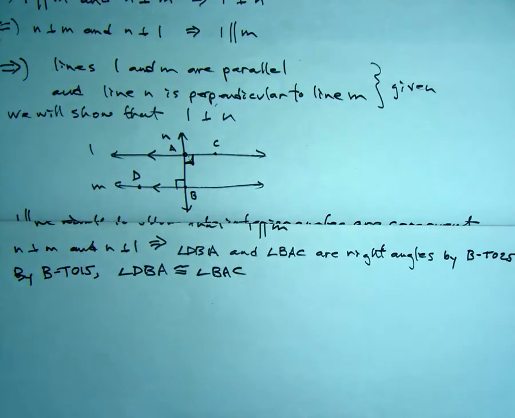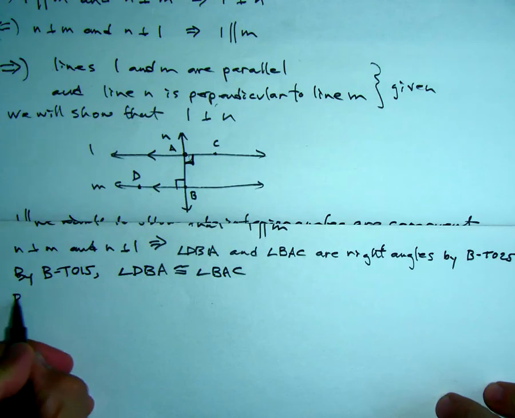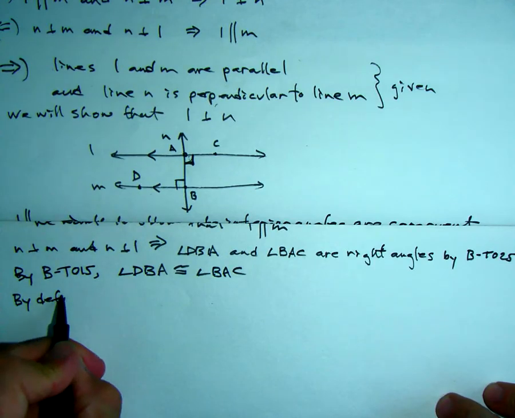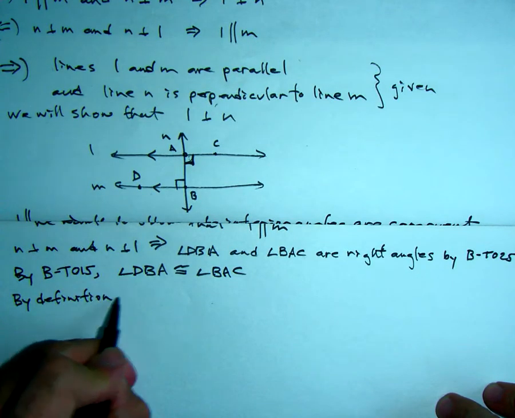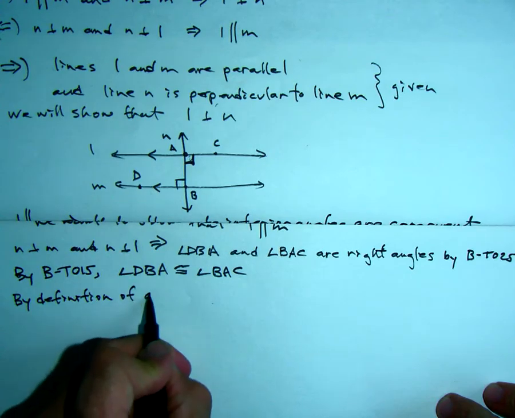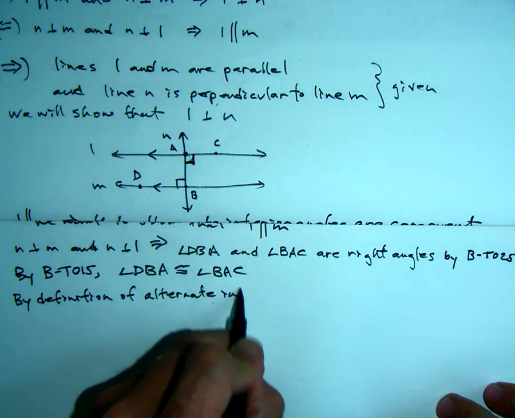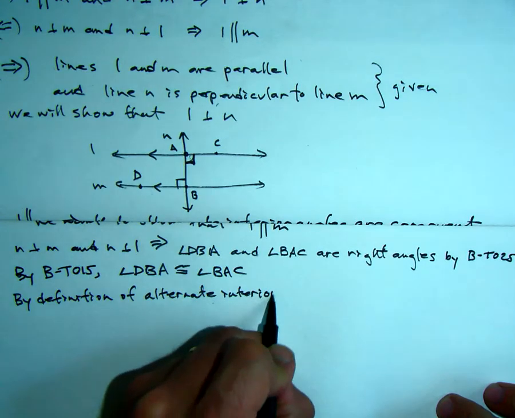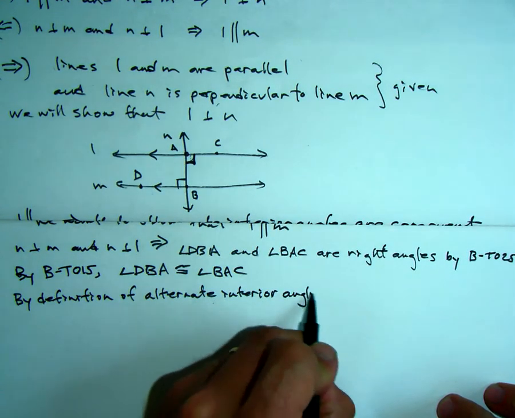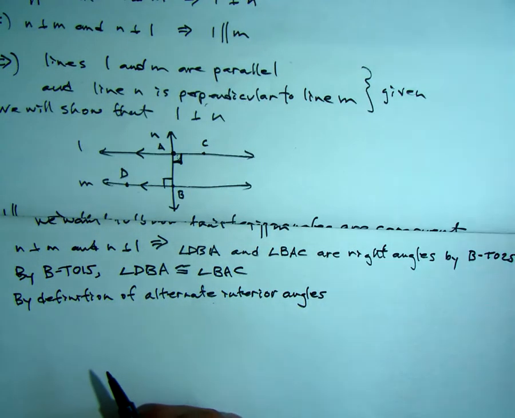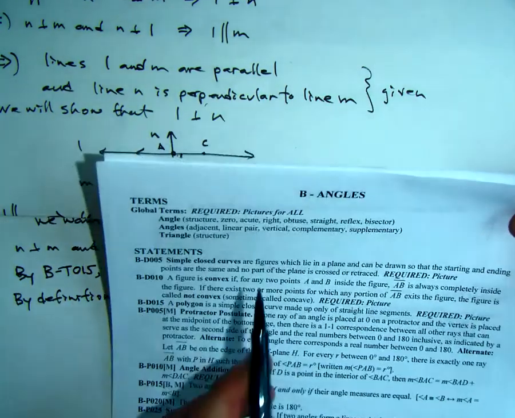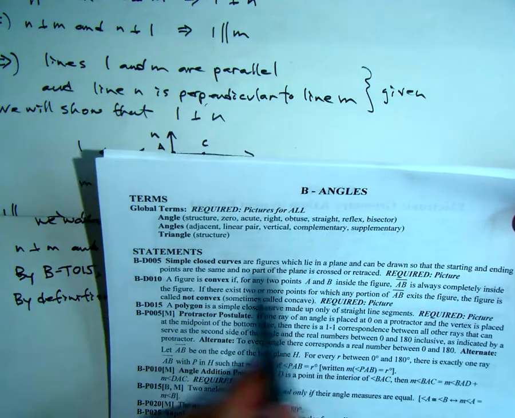I should then state that by definition of alternate interior angles, which you should have previously defined right up here somewhere.